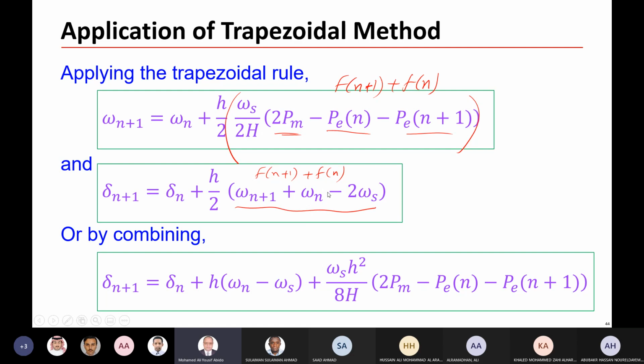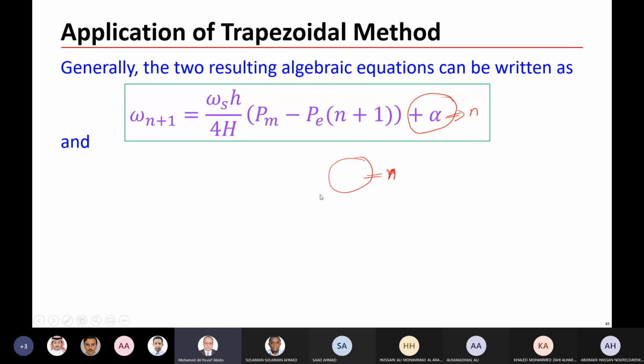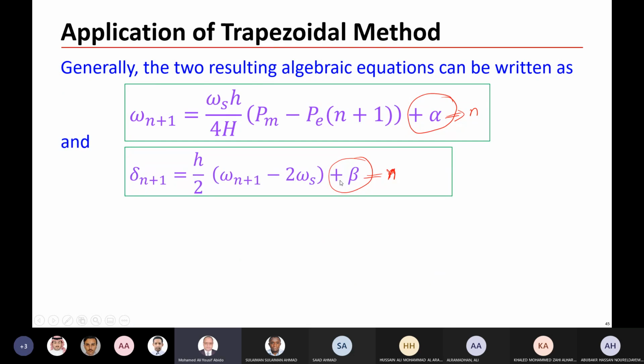And this is also omega n, which is known in advance. You are now talking about the next step, while the previous step is already calculated. So alpha and beta here are constants that depend on the calculation at the previous step.